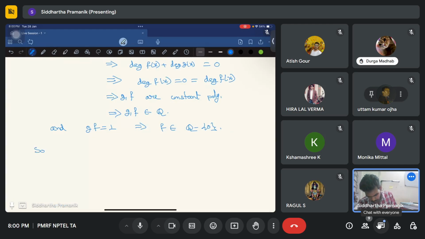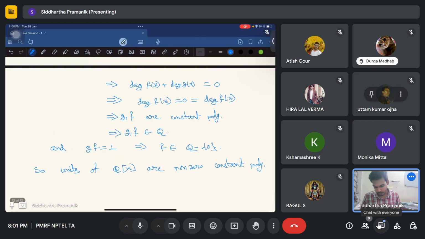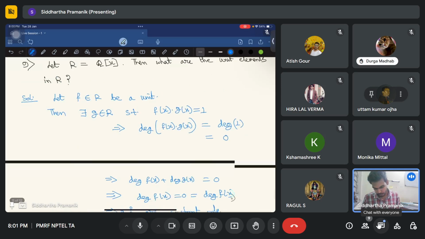So the units of Q[x] are the non-zero constant polynomials. Okay, so I hope you got this.